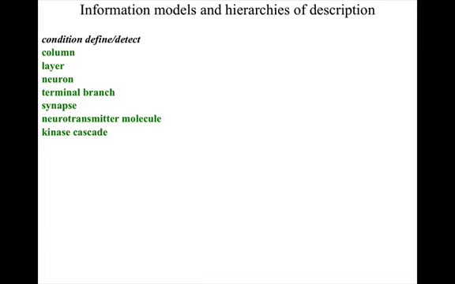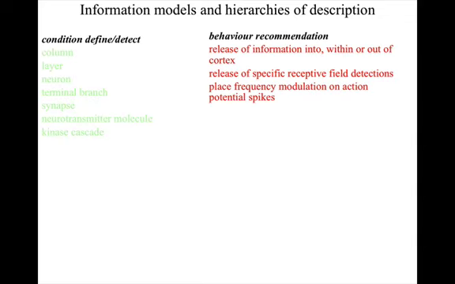And the same is true of behavioral recommendation processes, where at the higher levels the behaviors are of three types. One type is release of cortical condition detection information to different targets. And those targets can include release of sensory information into the cortex, releases between cortical areas, and releases out of the cortex to drive muscles.